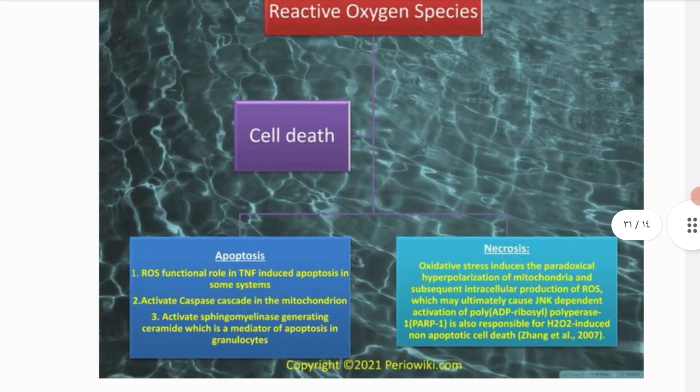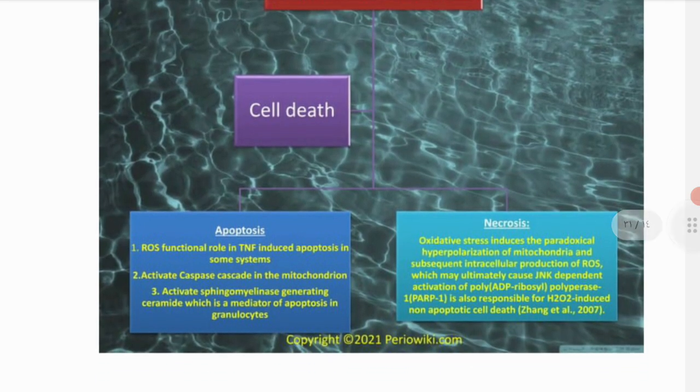So, cell death. We have apoptosis and necrosis. In apoptosis, ROS factor in TNF-induced apoptosis. This is caused by TNF and activates a caspase-based cascade in mitochondria, and this activates sphingomyelinase generating ceramide, which is a mediator of apoptosis.